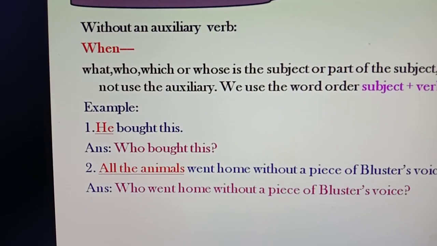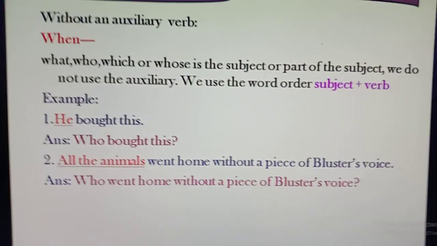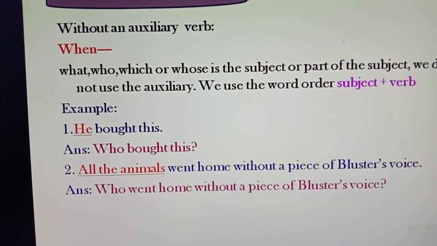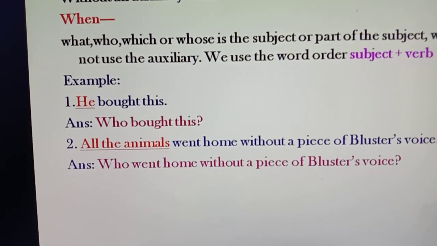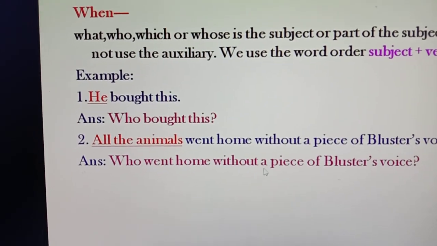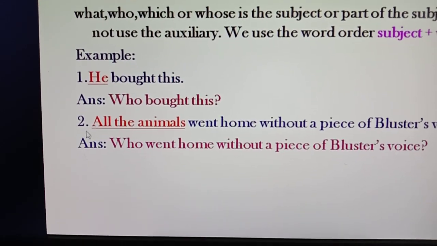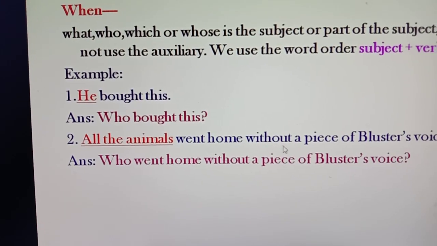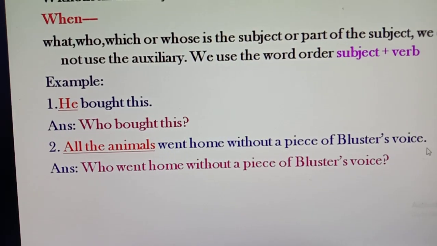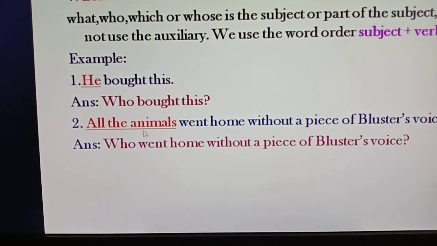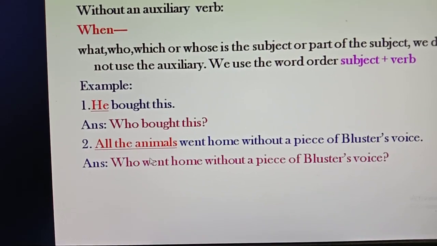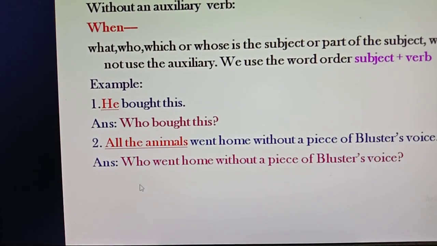When these 4 words will be the subject or the part of the subject, you are not going to use the auxiliary verb. Okay, then number 2, all the animals went home without a piece of Bluster's voice. So all the animals indicates the person, that's why we are going to use here who.